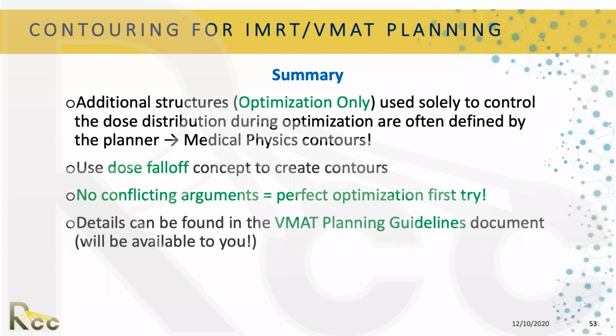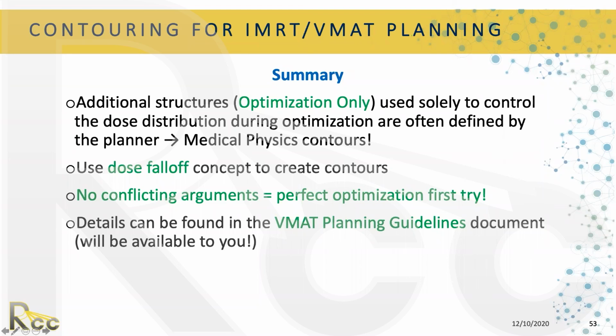Then we talked a lot about all these additional structures we call optimization only structures, with the main purpose of controlling the dose distribution during the optimization, and they're defined by the planners. We use that dose fall-off concept to create contours.